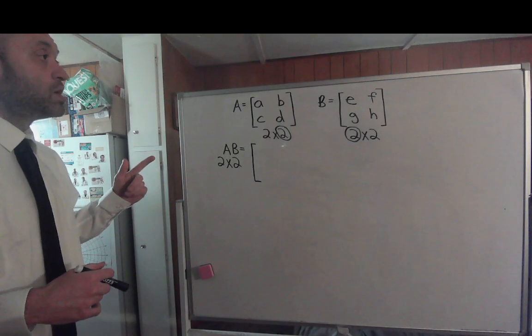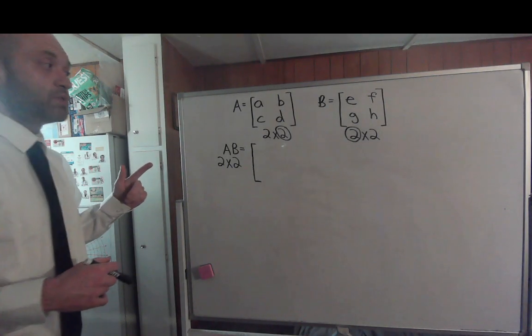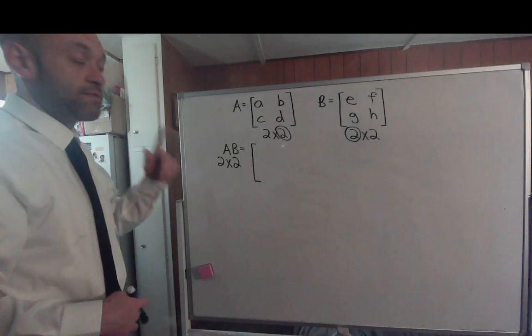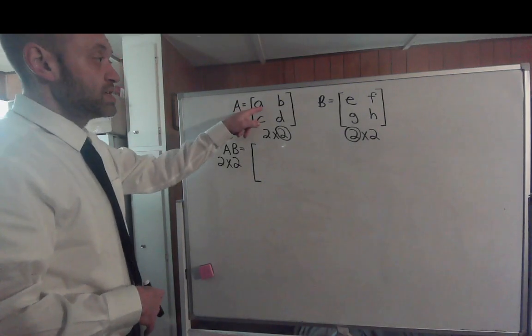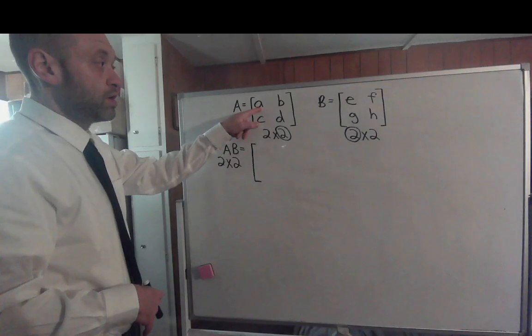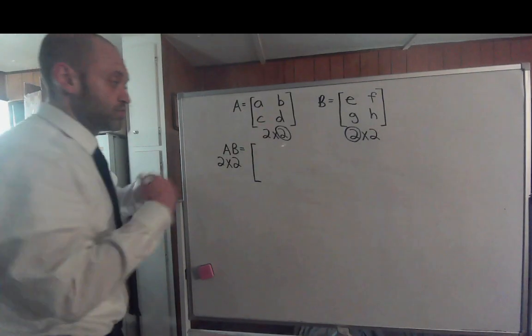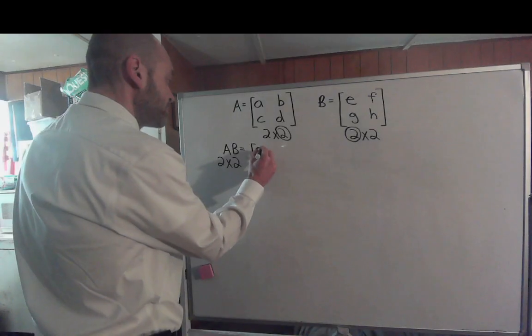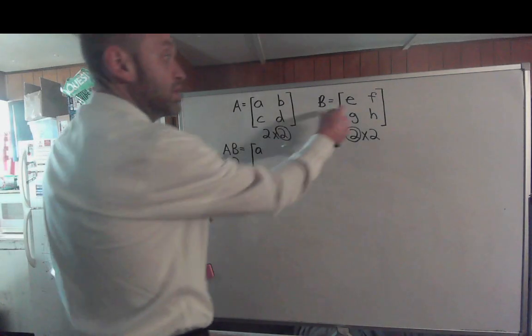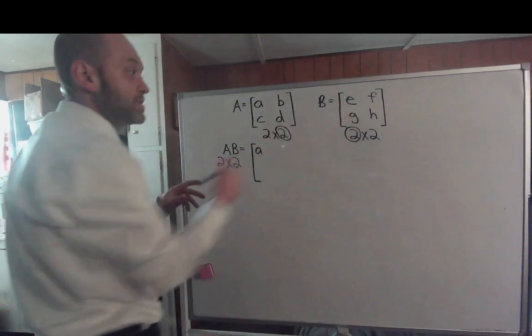So what you have to do is, you're going to get four numbers. You take the first number in your first row of the first matrix, so that would be A, times the first number of your first column in the second matrix.